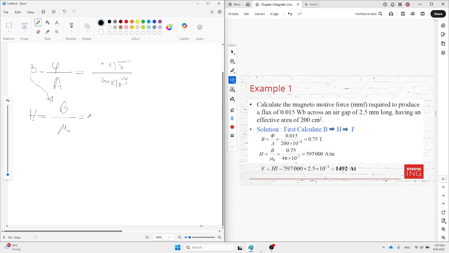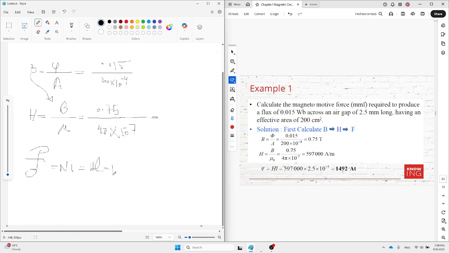So B is 0.75 over mu 0, which is 4 pi times 10 to the minus 7. Did you know that from secondary school? So the value of H is 597,000 amp per meter.